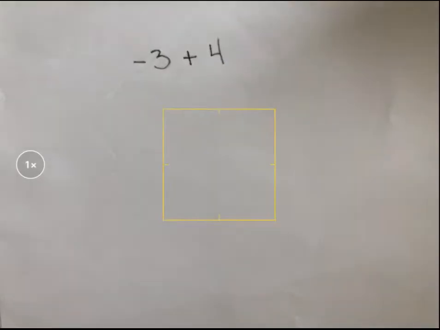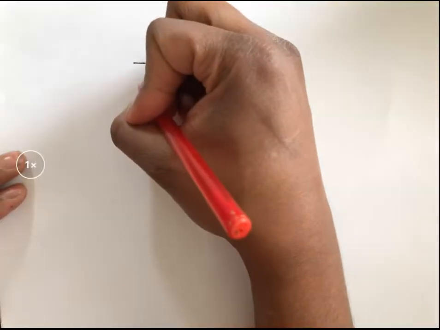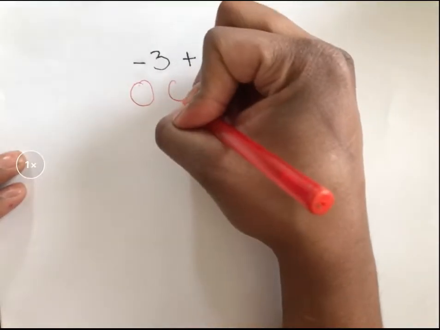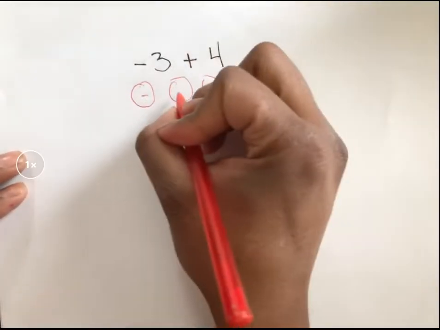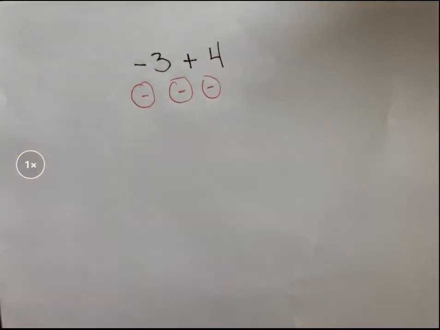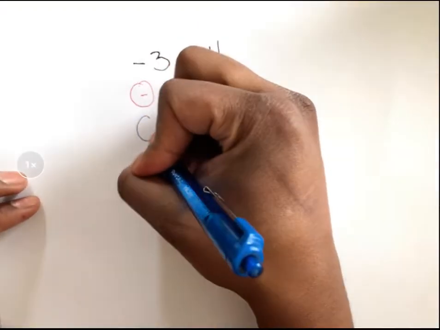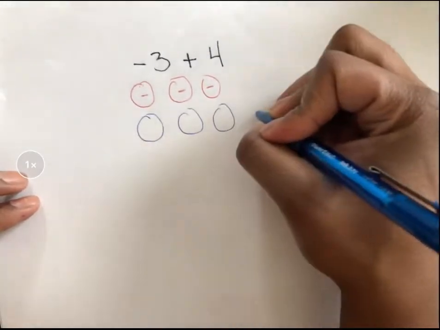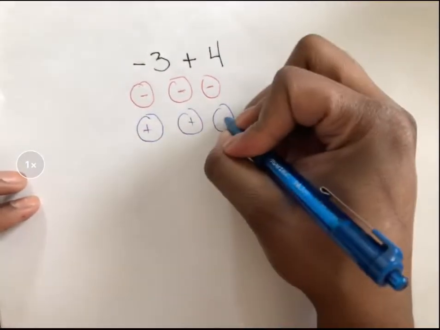Okay. Now I'm going to represent my -3 with the red pen in my 3 circles. I'm going to draw them as a negative. Okay. I'm going to represent this 4 with my blue pen as a positive.